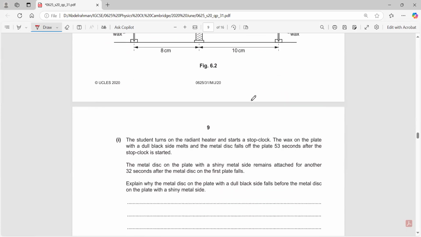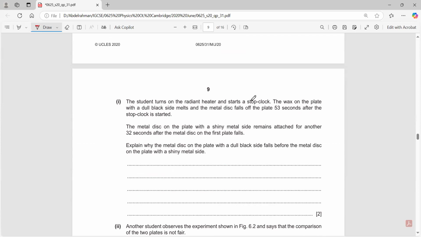The student turns on the radiant heater and the stop clock. The wax on the plate with the dull black surface melts after 53 seconds. The metal disc on the plate with the shiny surface remains attached for another 32 seconds. Explain why.